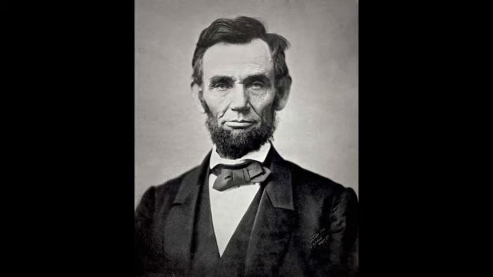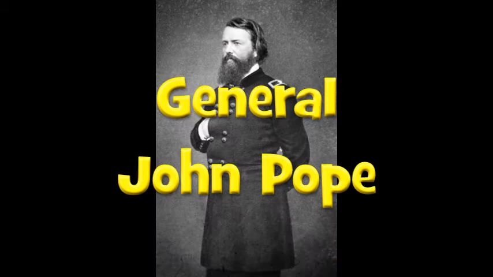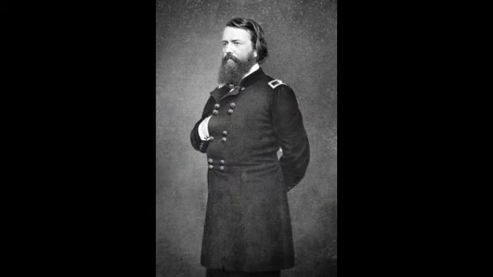Now, Abraham Lincoln was supposed to be such a nice guy. Well, let's read a little bit. Now, this is talking about the period of time just before the Civil War and all the way through the Civil War. But talking later that summer, Lincoln dispatched General John Pope, who was defeated by Lee at the Second Battle of Bull Run, to smash an uprising. What kind of uprising? Among the Dakota Sioux in Minnesota.